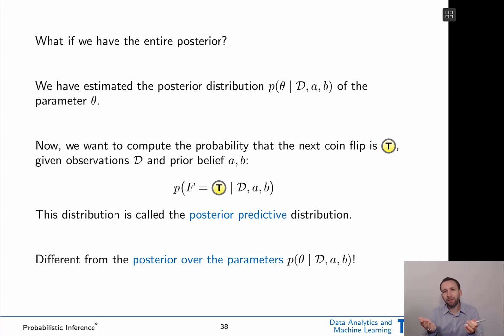Link it to the parameter you are talking about. Here it's the posterior over the parameters. Here it's the posterior over the outcome of the prediction, and that is why it's called posterior predictive: the posterior distribution over the prediction. Here it's a posterior distribution over the theta. You can have a likelihood over specific variables and a prior over specific variables, right?